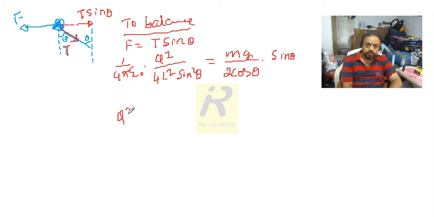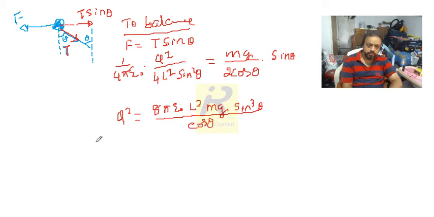So Q square equals 16 divided by 2, which is 8, pi epsilon O, L square, and mg, I should not forget mg, and sin square into sin becomes sin cube theta, whole divided by cos theta.